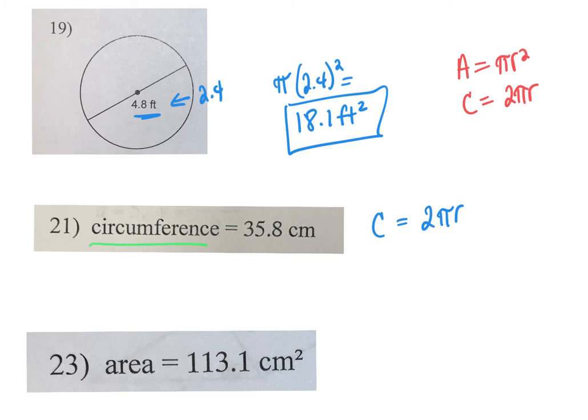They gave you what that equals. So 35.8 equals 2 times pi times r, and I am solving for r. So you're just using algebra. Divide both sides by the 2 pi. 35.8 divided by 2 pi, rounded to the nearest decimal, one place, is 5.7 centimeters.